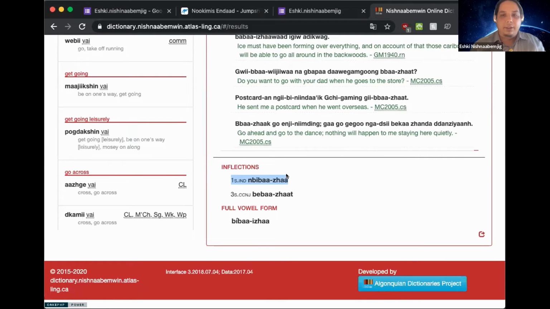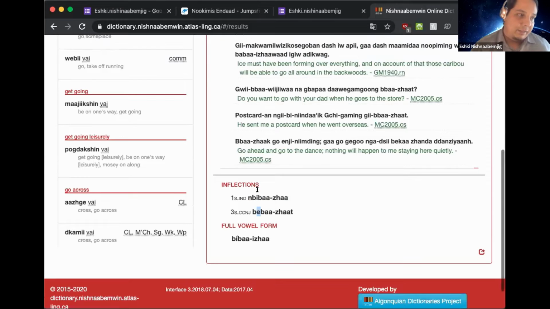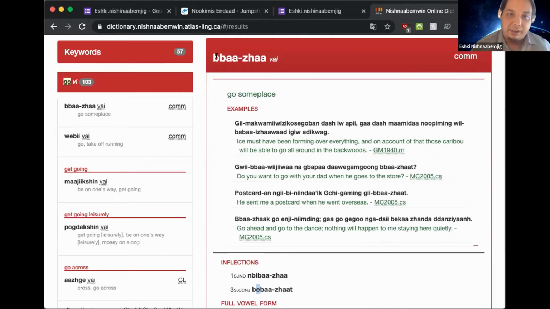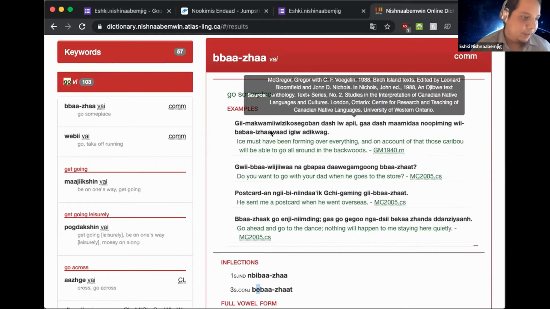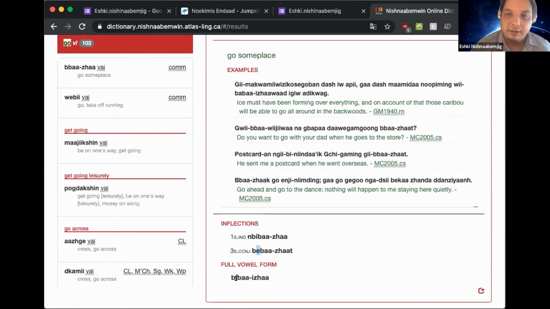And they've changed it. Under the full vowel form, there's a short I there, and that's the one that changes for the C form, for the conjunct form.